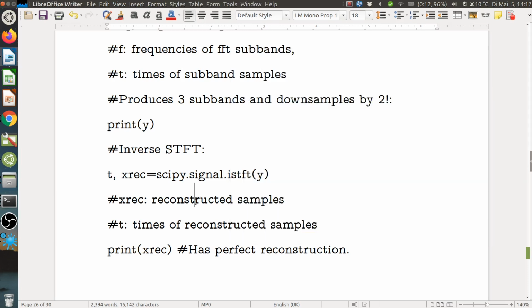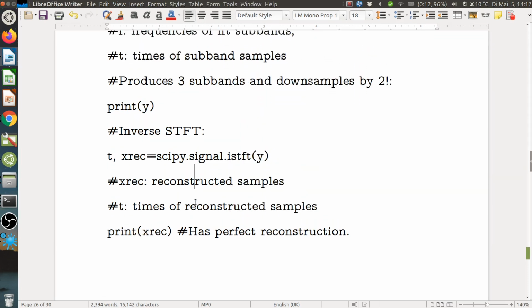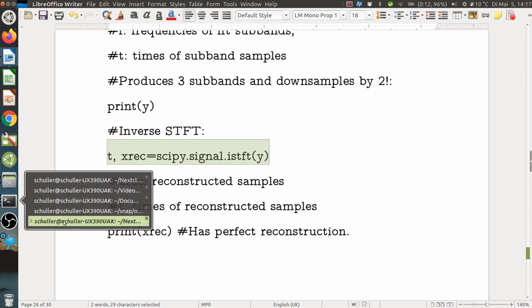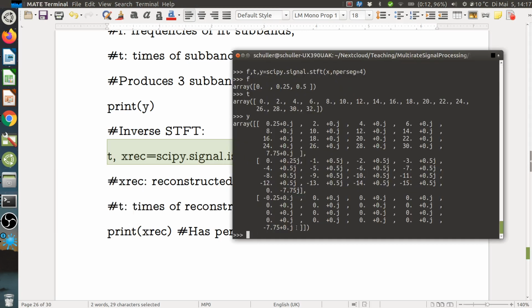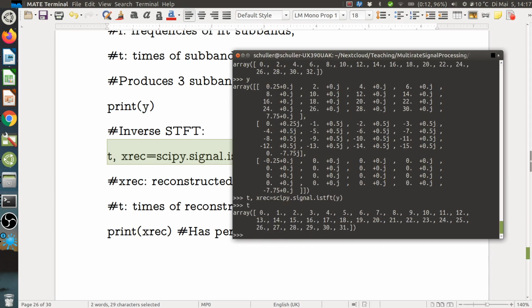So that means we can now take the inverse. There's also the inverse DFT, or the inverse short time Fourier transform. So we just take the y. Now again we have the times, and these correspond now to the higher sampling rate.